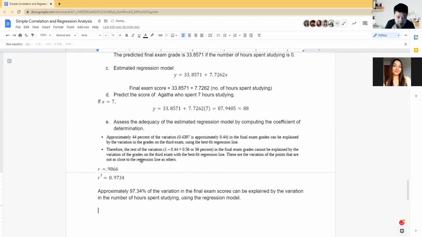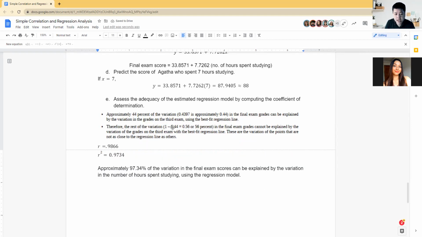Tapos meron pa dito. Pwede nyo dagdagan. Kasi kung 97% lang, ibig sabihin, meron pang approximately 3%. Tama ba? So that's 1 minus this one, so mga 2.66. So you can continue.